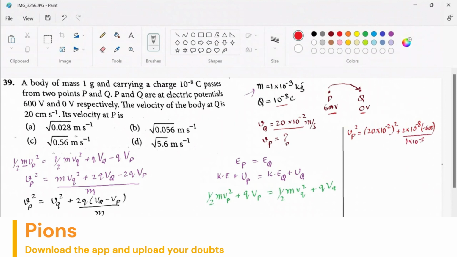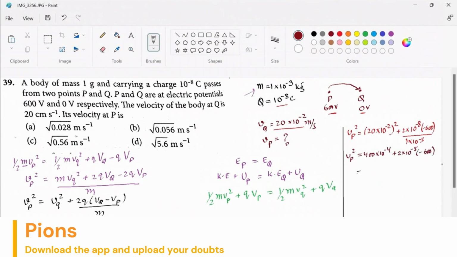I hope this is clear. Anyone who has not understood this red line, speak up. Okay, great. Now what we have to do next? We will solve. Vp square will be equal to 400 into 10 to the power minus 4, plus, let's cancel out 10 to the power minus 3, it will be 2 into 10 to the power minus 5, and minus 600 as it is.